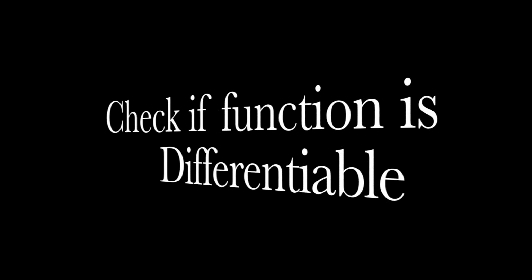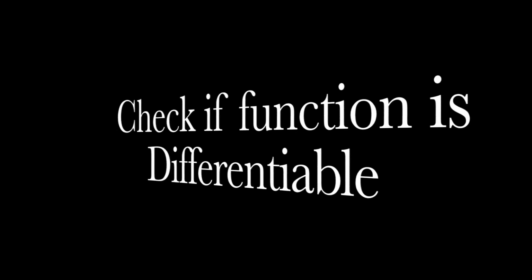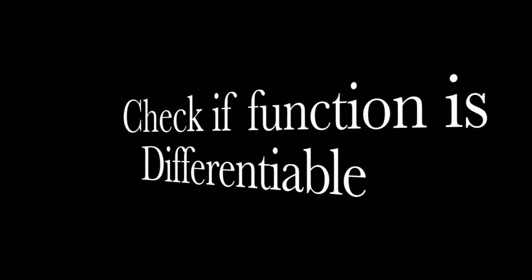First, you would check to see if the function is continuous. If it is not, then stop here. But for this problem, the function is continuous. Then you would check to see if the function is differentiable. Again, if it is not, stop here. But this function is differentiable, so continue to the next step.